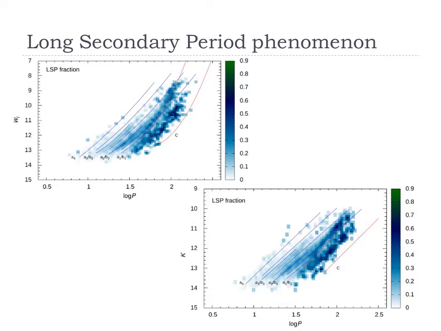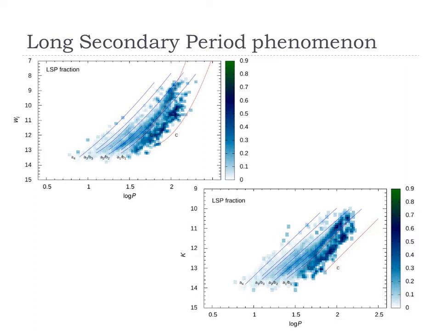If we look at the relative density distribution of the LSP stars, so the fraction of the LSP stars compared to all the long period variables, we see another local maximum, or another local overdensity region, between the sequence C prime and C, so the sequences corresponding to the first overtone and the fundamental mode.